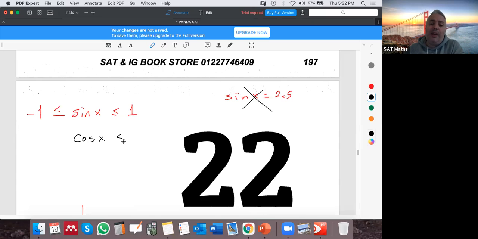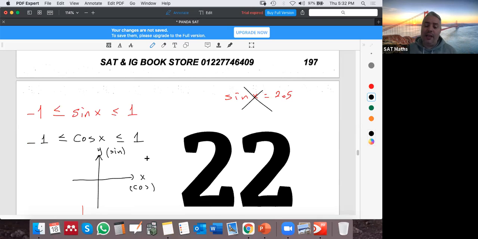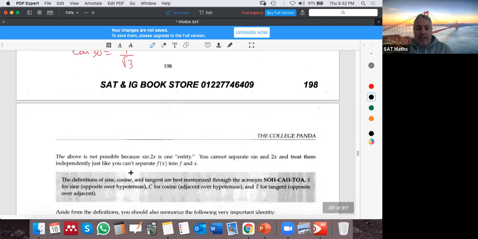Similarly, for cosine of x, the maximum is 1 and the minimum is -1. And keep in mind that we regard the x-axis as the cosine axis and the y-axis as the sine axis, to make calculations easy. Now let's go down.